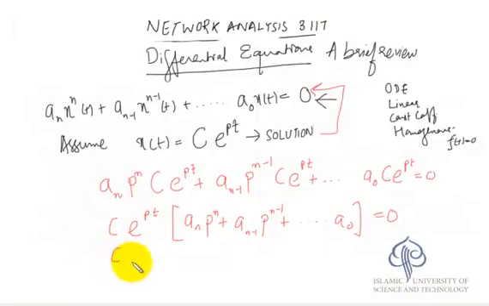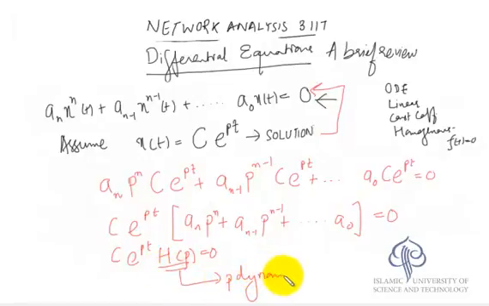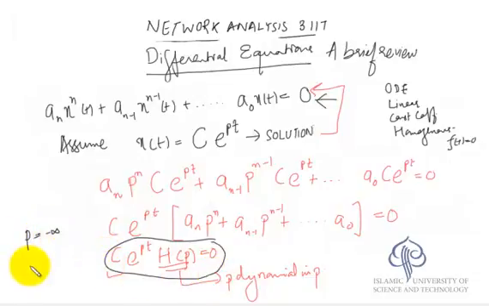So this can be written as a sum, where H(p) is a polynomial in p. Now this whole thing can be 0 at p equal to minus infinity, no doubt about it, but that's a trivial solution. The non-trivial solution will be only when H(p) is 0.